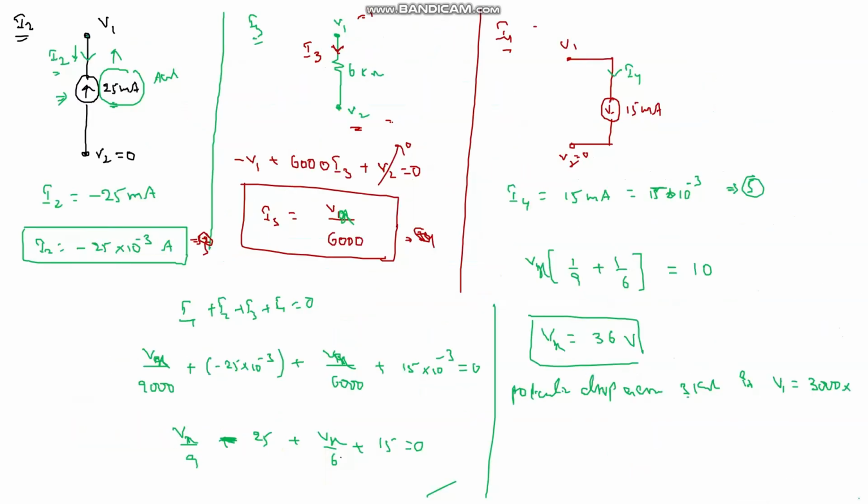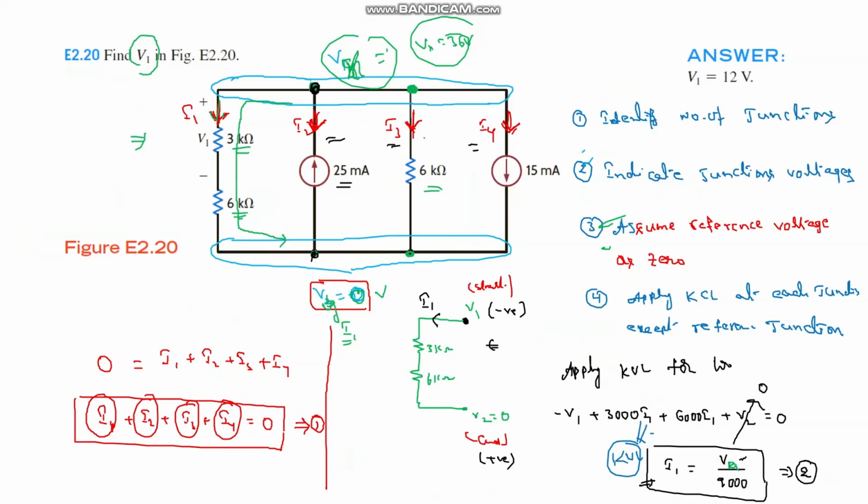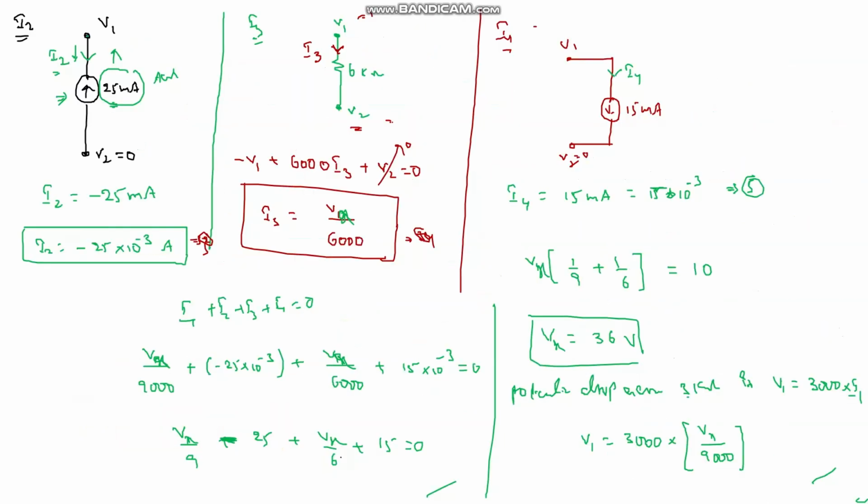And I1 is Vx by 9000. After solving the KCL equation, we got Vx equal to 36.